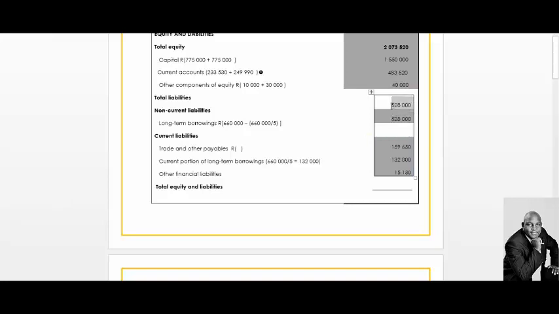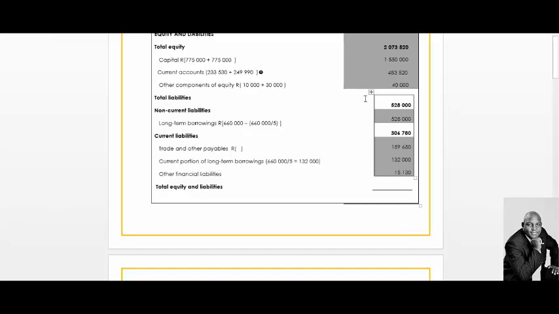Okay. Then the current liabilities, the total. It will be 159,650 plus 132,000 plus 15,130. That's 306,780.